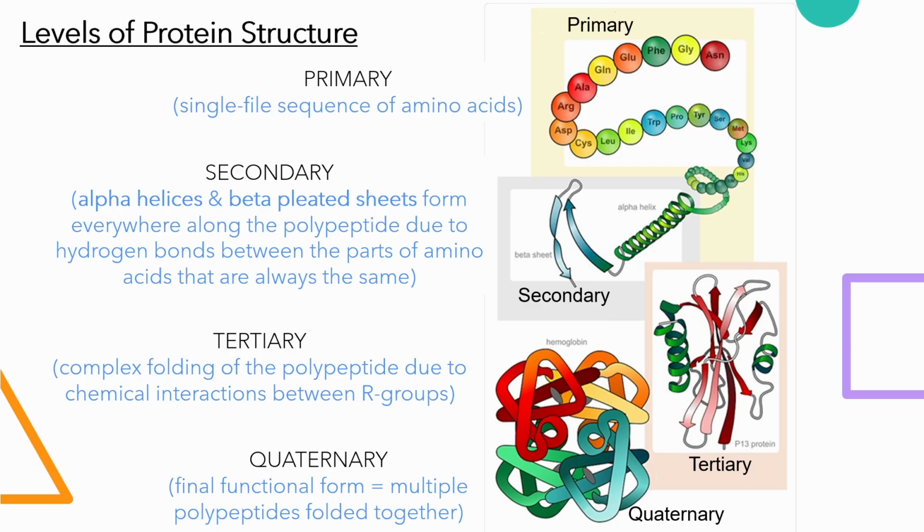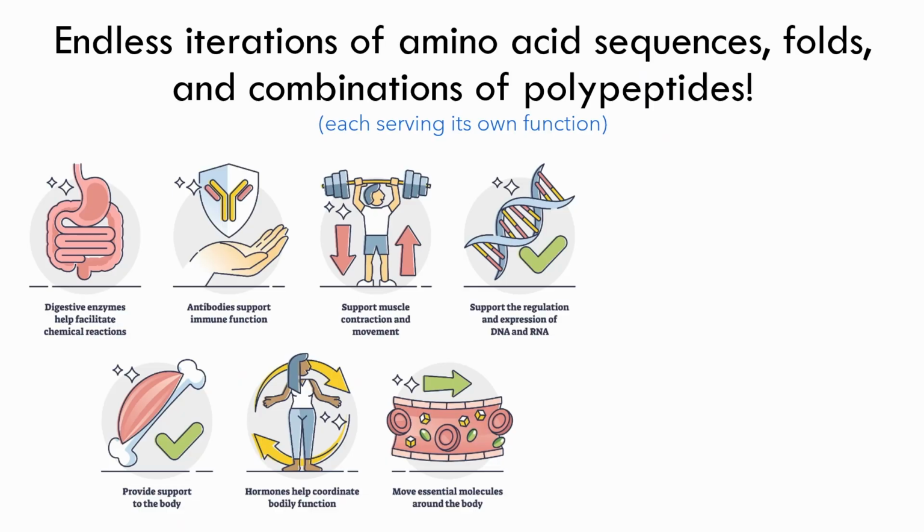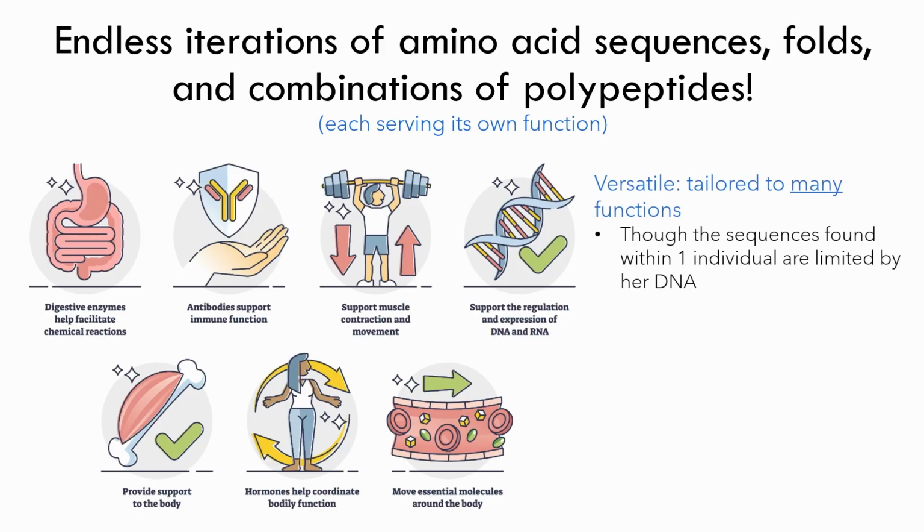If a protein loses its quaternary structure, it is said to be denatured and it no longer functions, because a protein's shape enables its function. There are endless possible amino acid sequences and combinations of polypeptides, so there are infinitely many potential proteins. Protein is therefore a versatile macromolecule.